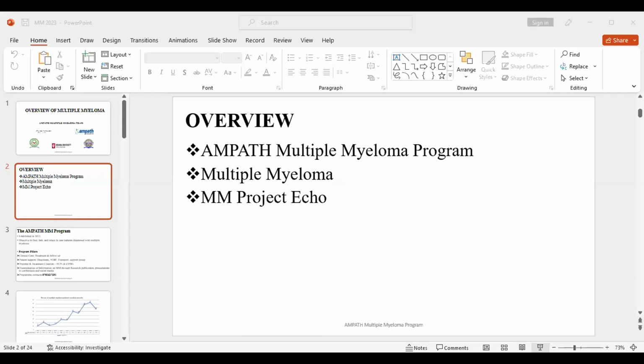It has 4 main pillars. The primary one is clinical care, where once a client who possibly has multiple myeloma is referred to the program, we investigate this client, work towards getting a diagnosis and treatment, and then follow them up.